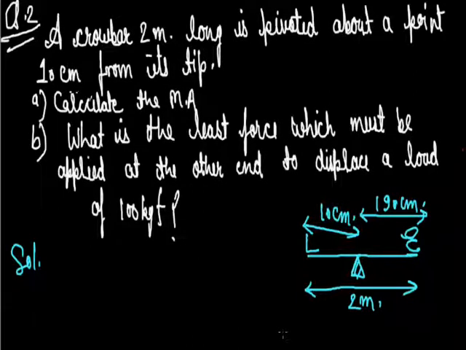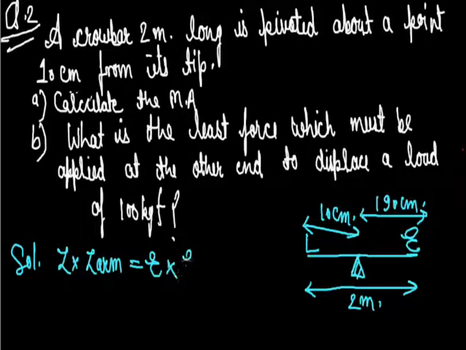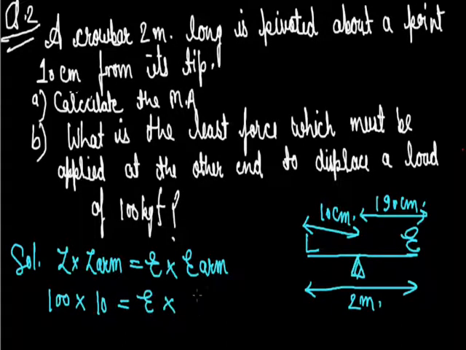So now we can solve, because as we know from the formula for lever that load into load arm equals effort into effort arm. And in the question, load of 100 kg force means load is 100, load arm is 10 cm, effort we have to find, and effort arm is 190.